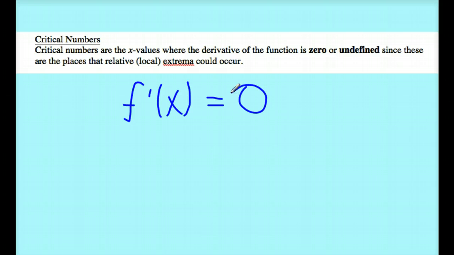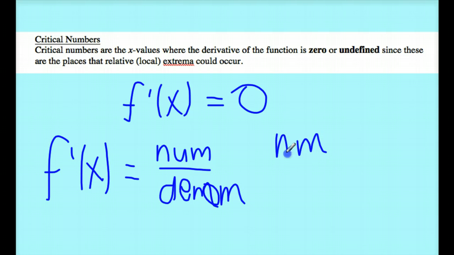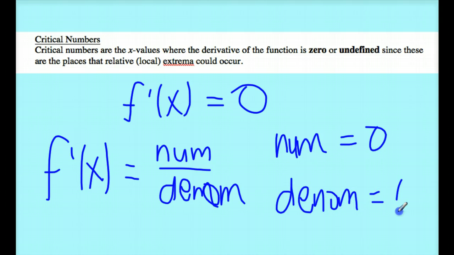In case I do have a denominator and a numerator for f prime of x, I'm going to take the numerator, set it equal to 0, and I'm also going to take the denominator and set it equal to 0. So we'll do two problems, one that does have a denominator, one that does not.